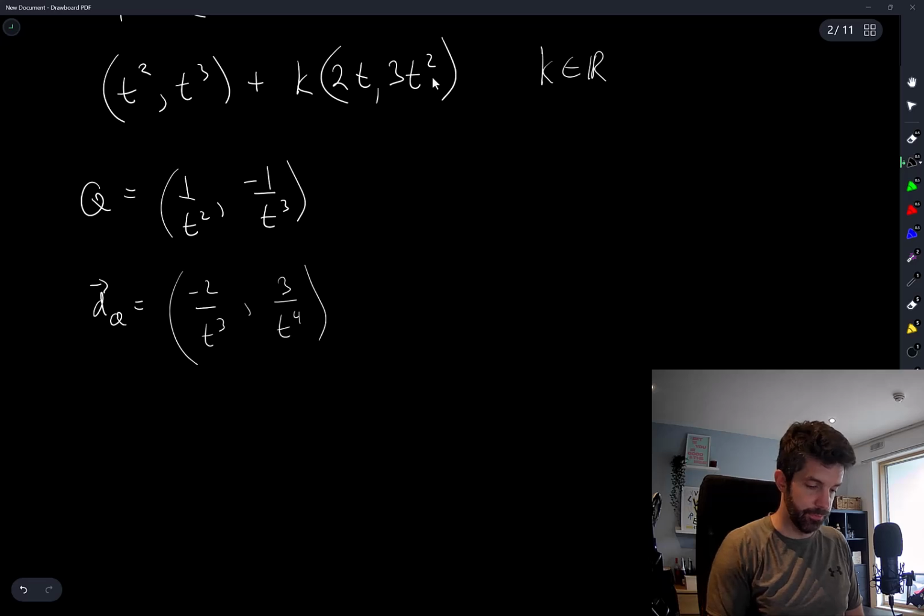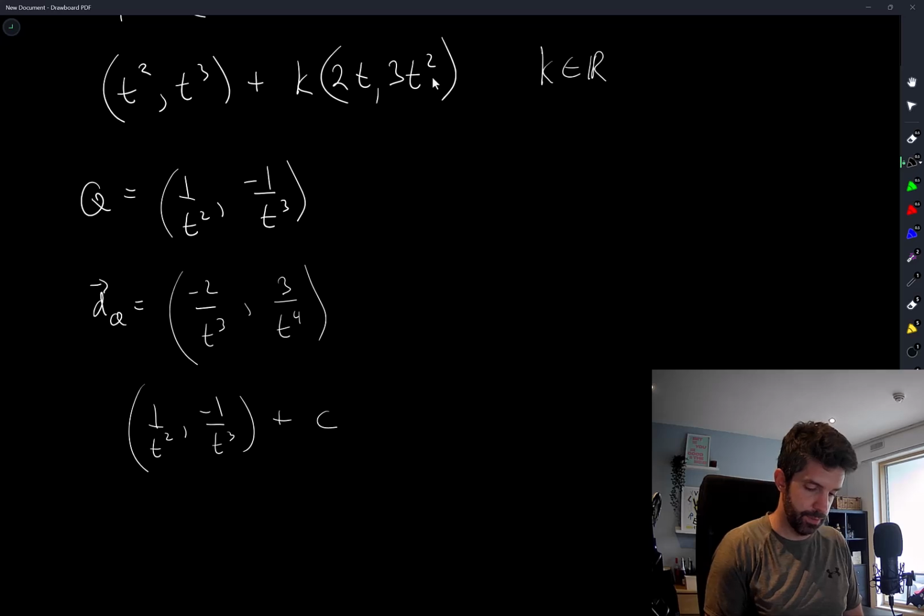So the vector representation for the tangent line to Q is (1 over t squared, negative 1 over t cubed) plus some other constant c times (negative 2 over t cubed, 3 over t to the 4). c is again any real number.